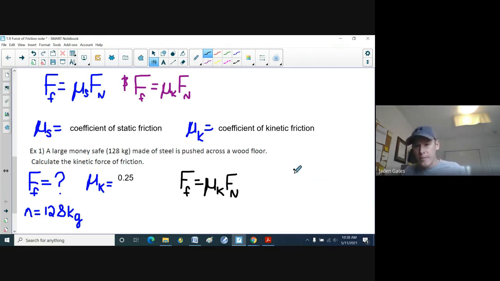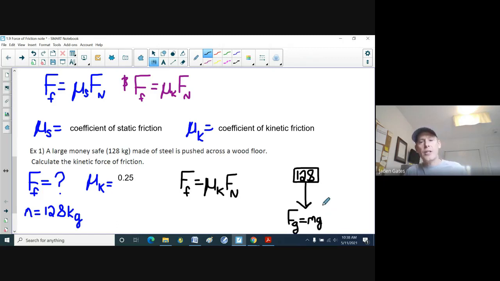Now, this comes down to what we were looking at the other day with forces. Every object, I have my 128 kilograms, pulls down with a force of gravity, which we looked at calculating is equal to m times g.